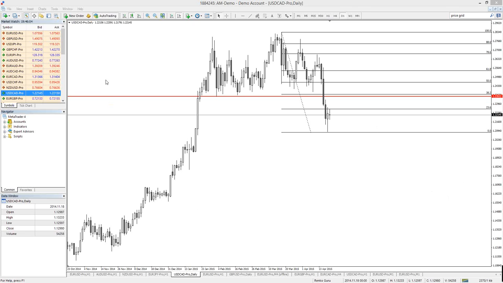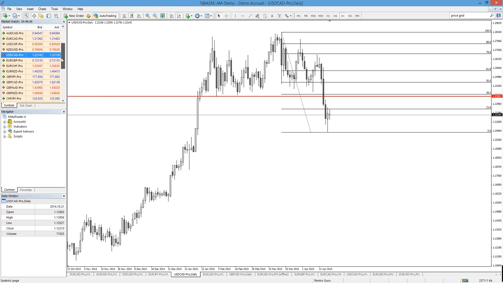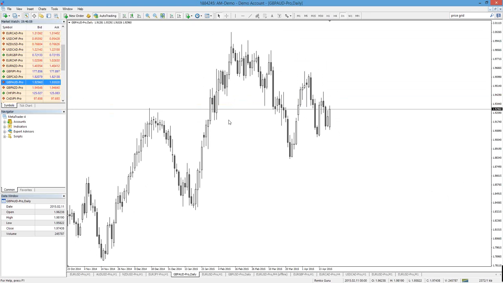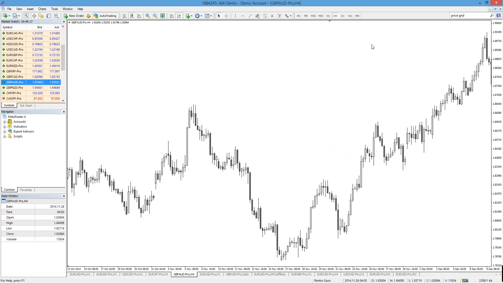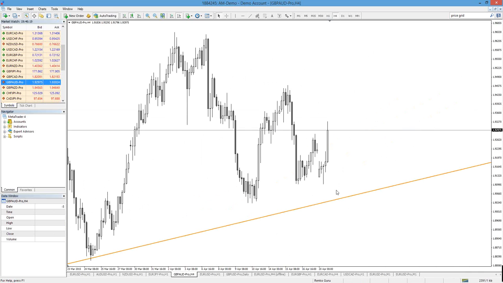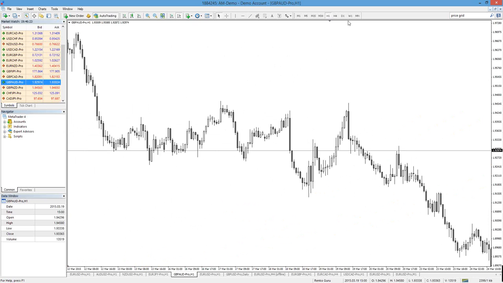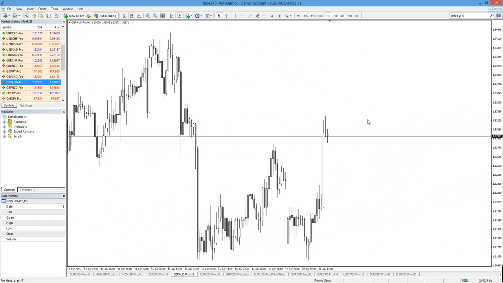What else? GBP AUD, okay. The situation on GBP AUD looks bullish on the daily chart. When you drop down to the 4-hour chart, you can see this trend line here. And if you zoom in on the 1-hour chart, I don't see anything particularly interesting.